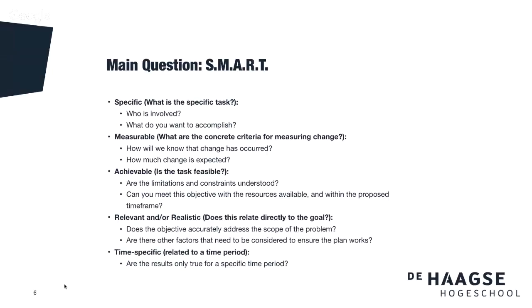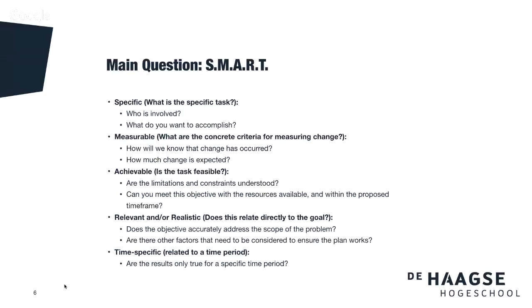It has to be measurable because we're going to do research about it. If it's a question that's impossible to measure, then there is nothing to do here. How will we know what change has occurred? How much change is expected? Achievable, which means that it is feasible with the resources that you have.